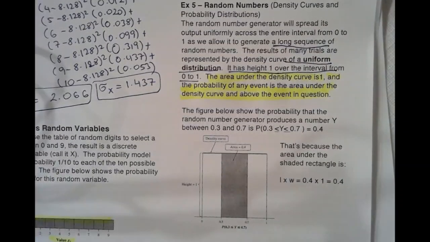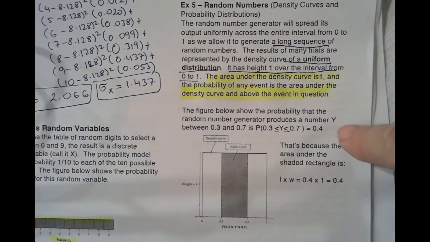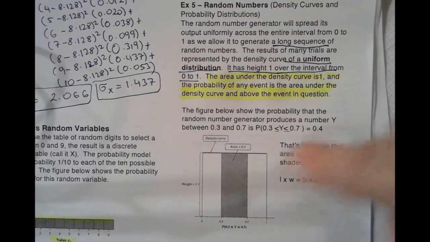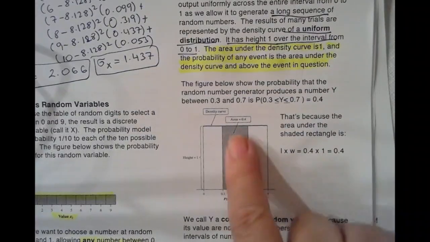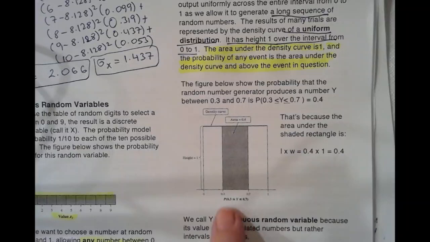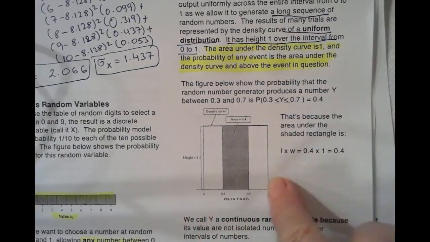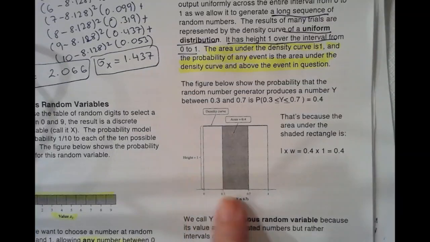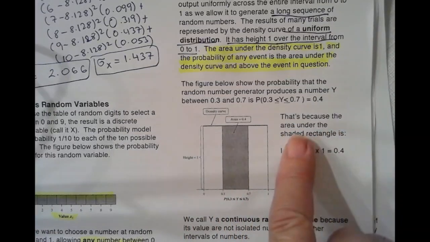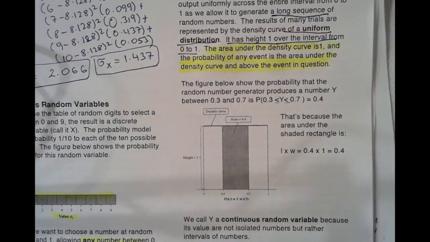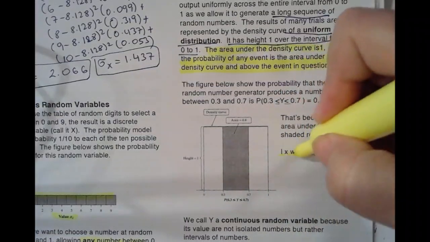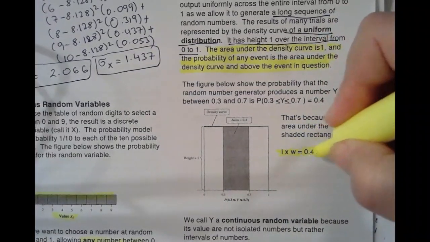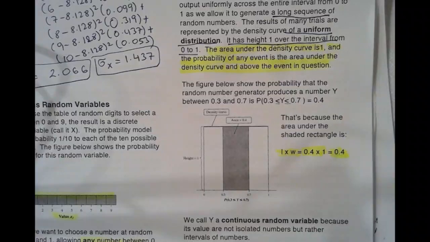So the figure below shows the probability that the random number generator produces a number y that's between 0.3 and 0.7. So we are looking at the area between 0.3 and 0.7. My density curve, remember, the height is 1, and so the area under the shaded rectangle, remember we are looking at length times width, is 0.4 times 1, or 0.4.